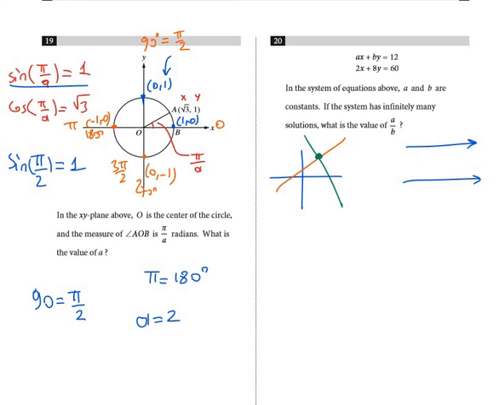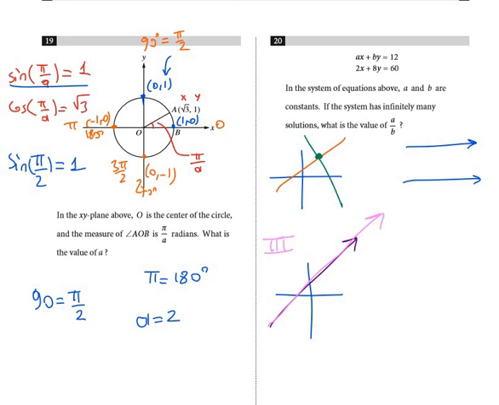And if 2 lines are exactly on top of each other, then it means we have infinitely many solutions. So identically, the second line is on top of the other line. So we have infinitely many solutions. So this is the situation we are looking for. Since these 2 equations are identically the same, then we can make up a and b.